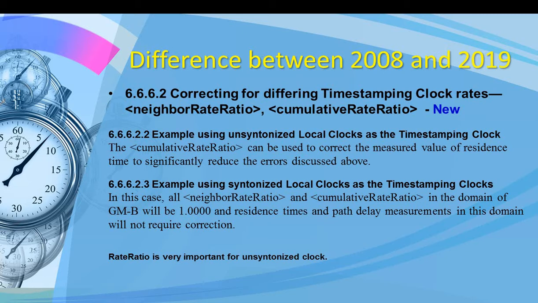The neighbor content is new. It's called neighbor rate ratio and cumulative rate ratio, which means how to handle frequency changes between neighbors.